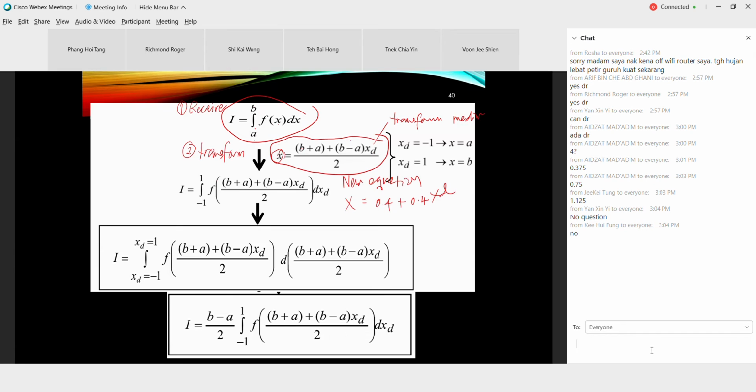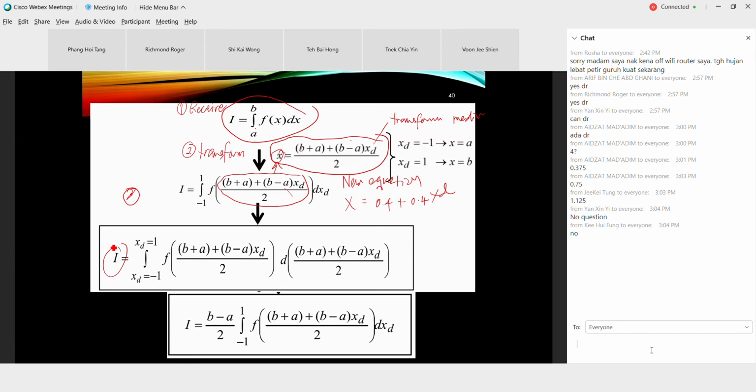After that, the third step. When you use this formula, it automatically changes the limits from -1 to 1. So now this is all in x.